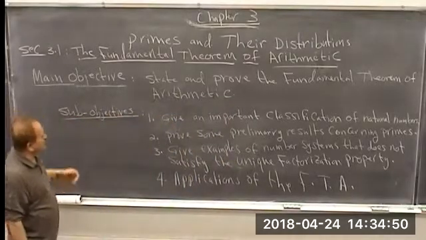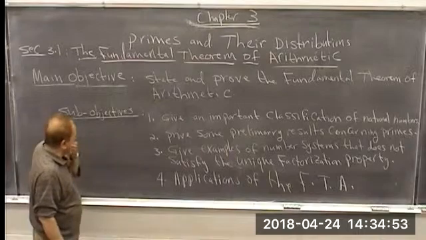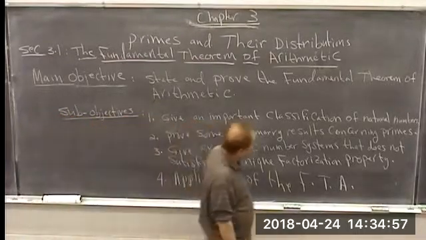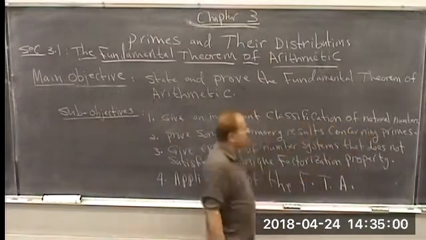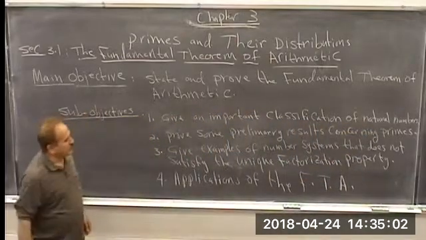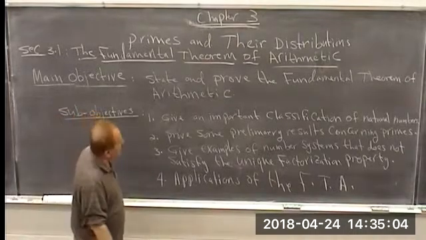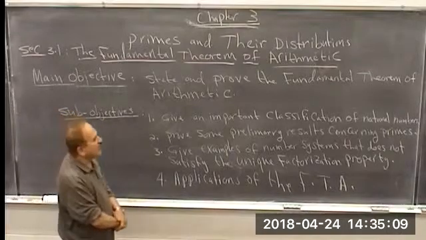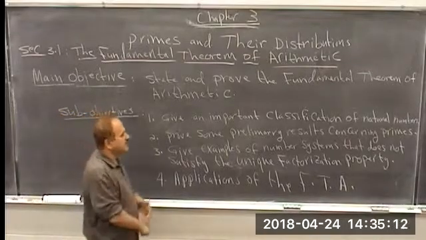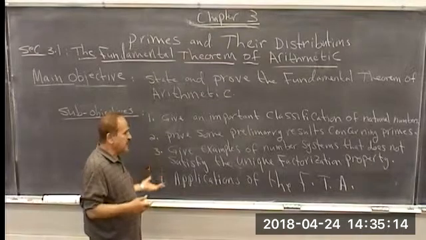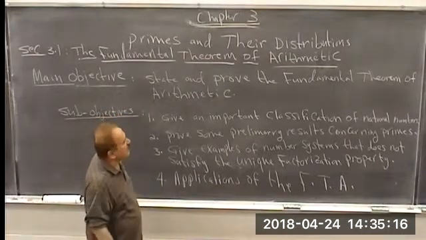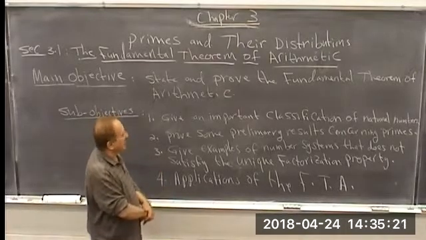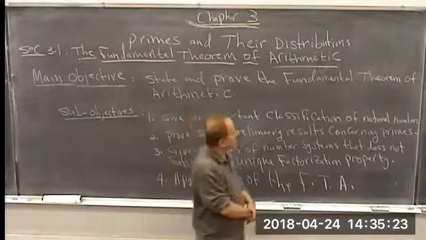To achieve this main objective, we need to get started by giving an important classification of natural numbers. Probably you are familiar with some classifications, or sometimes we call it partitioning, of the natural numbers. One of them is to classify numbers as being even or odd. A number is either even or odd, and they are defined in a very simple way.